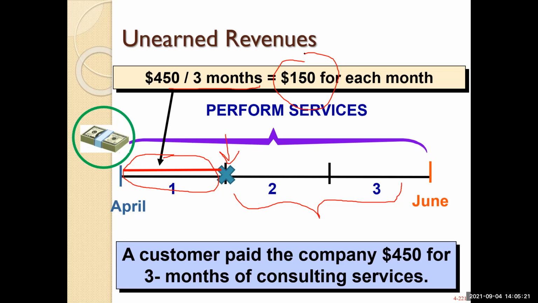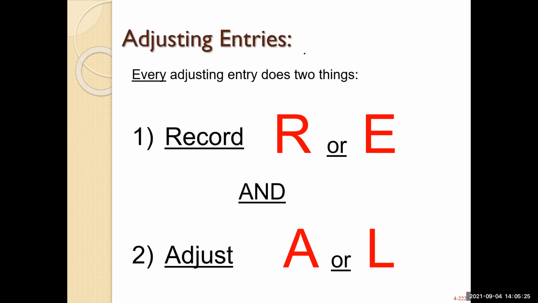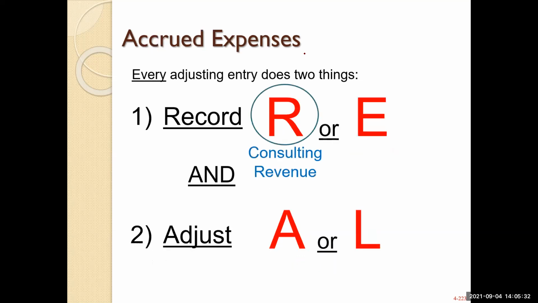So let's take a look at how this would be analyzed. Again, every adjusting entry has got to be real. So in this case, we're going to record consulting revenue. Okay, because we've earned it, we've performed the service. Now, again, when that happens, we don't sign another contract. They don't pay us any more money because they already paid us.